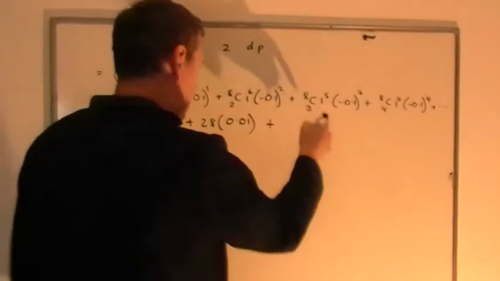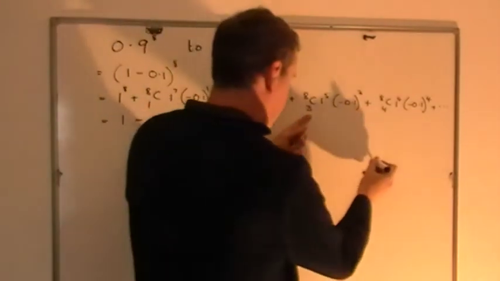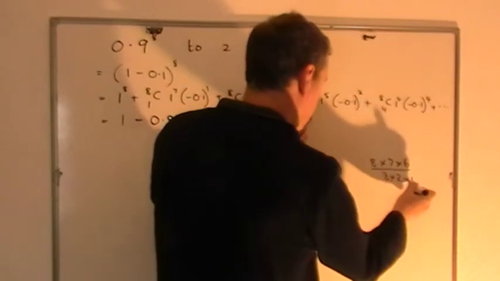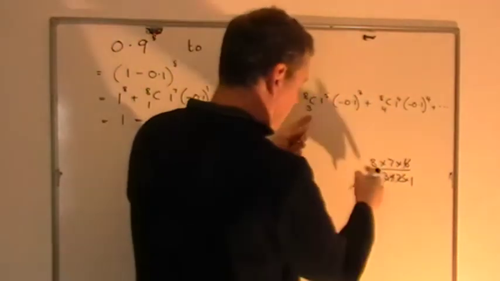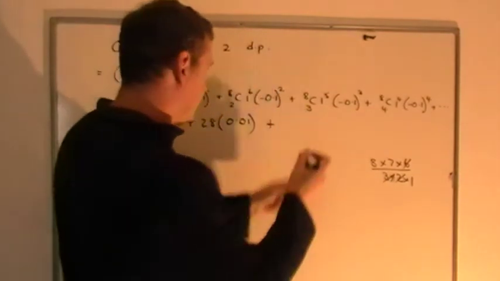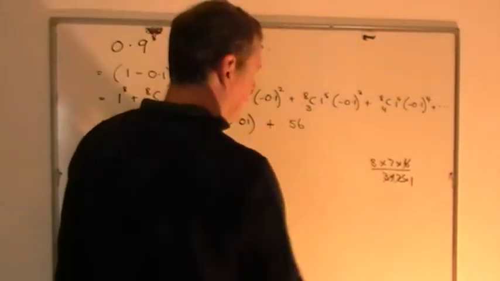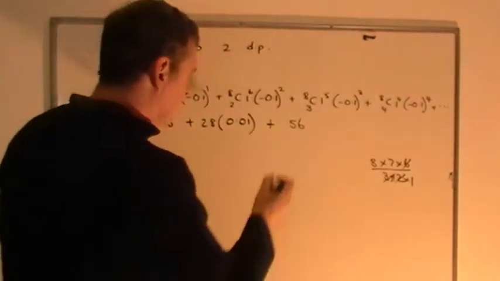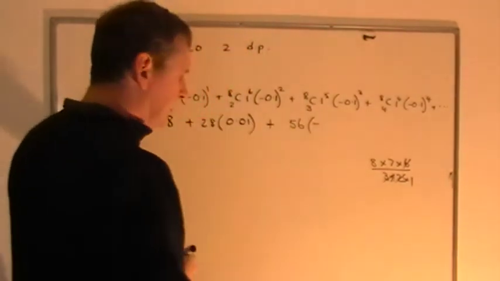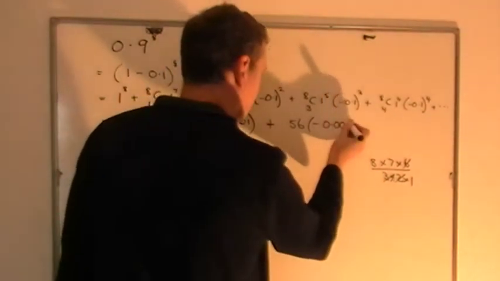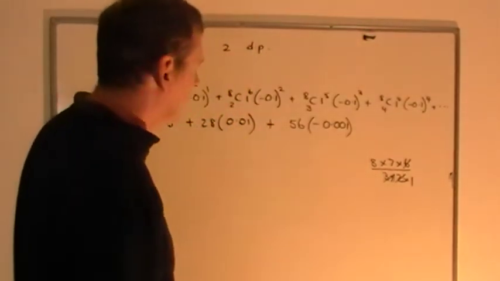Plus, and then 8 choose 3, well, side sum, 8 by 7 by 6 over 3, 2, 1. 3, 2, cancel with the 6 to give 8 sevens, 56 that is. That's 56 times 1, and then you've got to times it by negative 0.1 cubed. Well, if you cube a negative, you get a negative, and then 0.1 cubed is 0.001, like so.